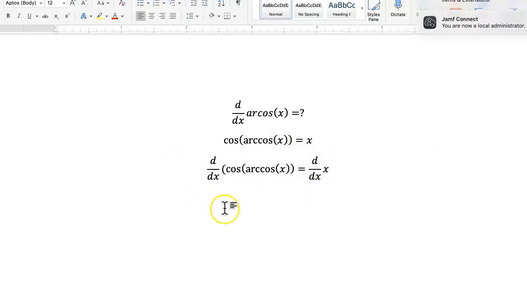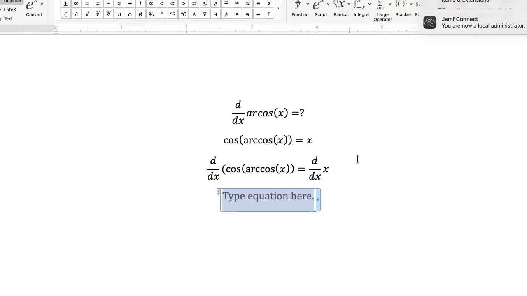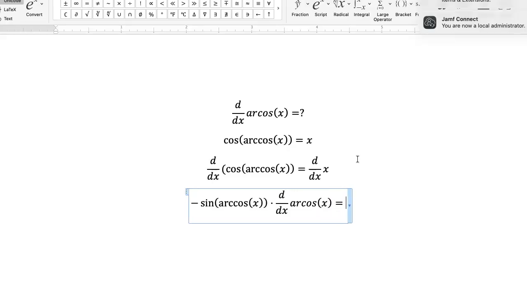And on this side, we can use the chain rule. From the chain rule, the derivative of the cosine is minus the sine times the derivative of the arc cosine, which is what we're after.